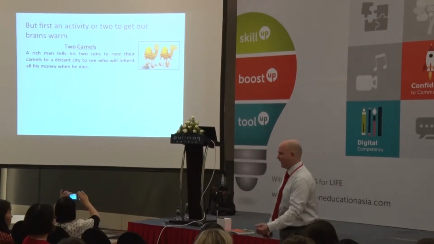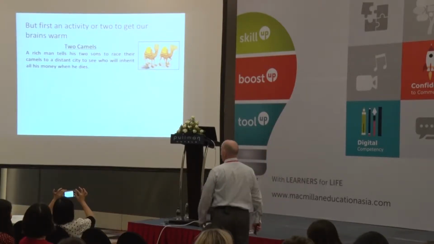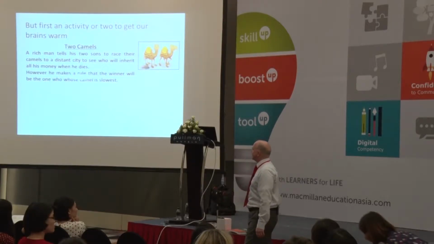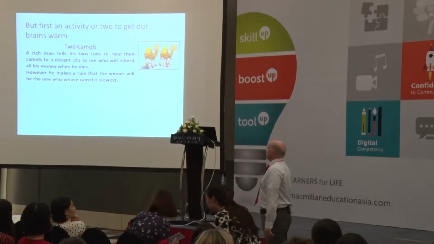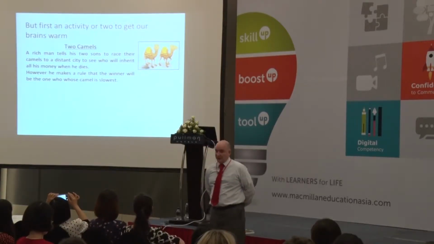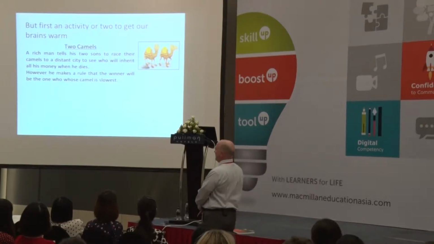Will he give it to this boy, or this boy? This son, or this son? So he doesn't know which one. So he says, the winner of this race will be the one whose camel is the slowest.